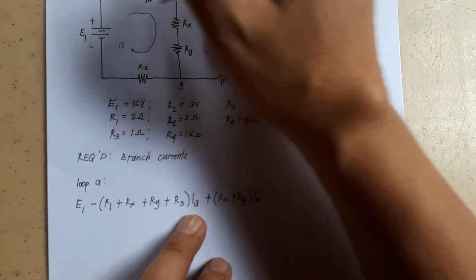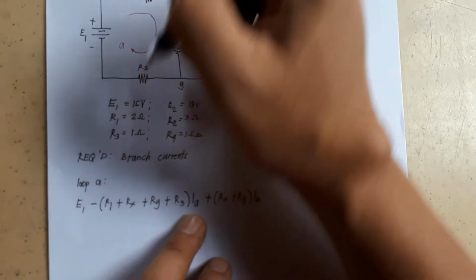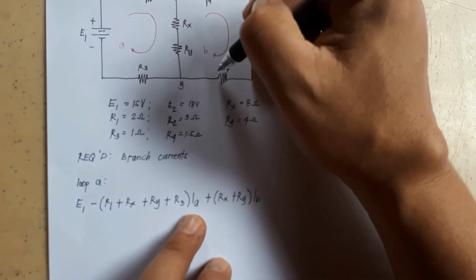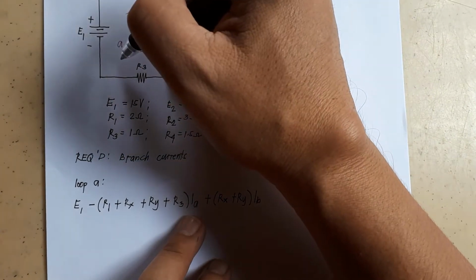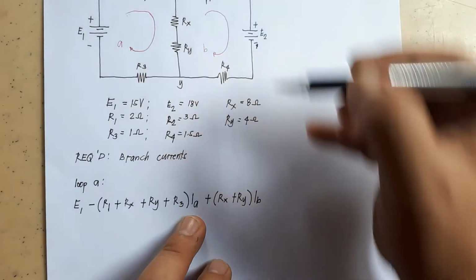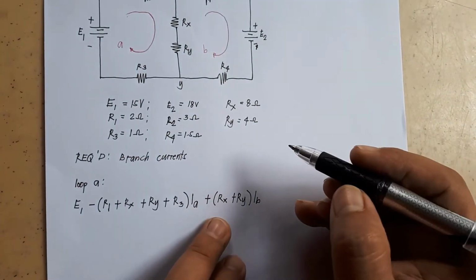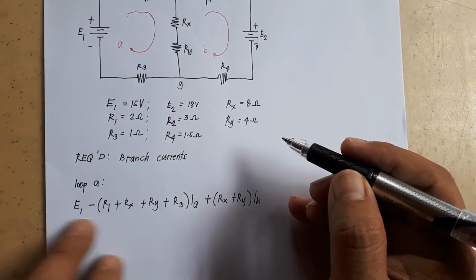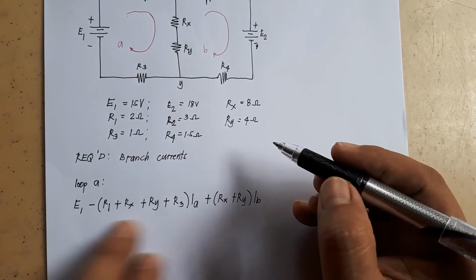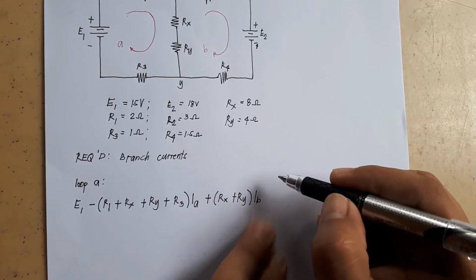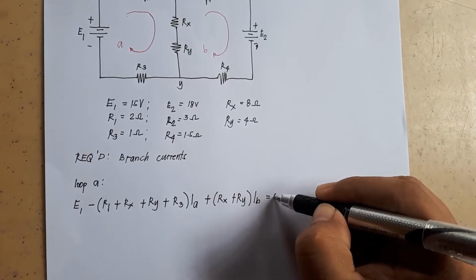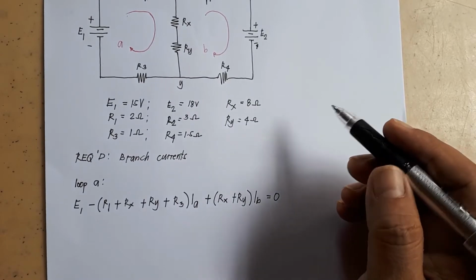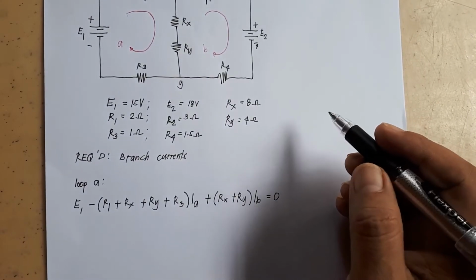If that is a clockwise rotation, the other should also be a clockwise rotation. If you make use of a counterclockwise, then the other one should also be counterclockwise. So we already finished formulating equation 1 represented by loop A. To make this an equation, we have to set it equal to 0.